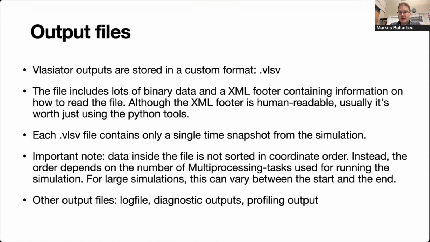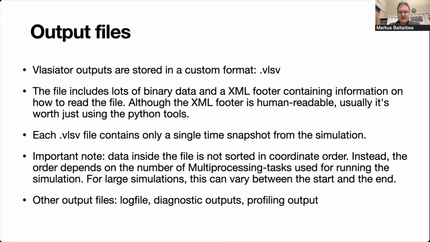And it is human readable, the footer. So sometimes it can be useful to just do a tail command on the file to see if the footer exists. If you don't get the footer there, then you know that the file is corrupt and there's going to be no way to read it into any of our analysis routines. But there also exist Python routines for analyzing the footer data.